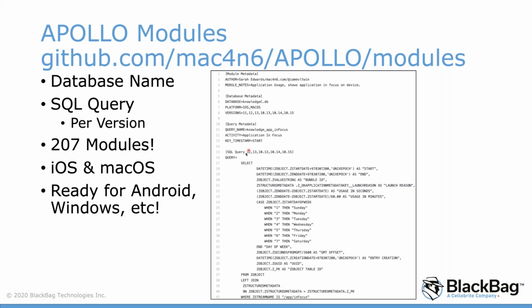So if you want to go in here and find the queries, look for the versioning information. Whenever you see things like 12, 13, and even older, that's for iOS. The macOS one is going to be 10.13, 10.14, and 10.15. I try to go backwards compatible about 3 versions or so. But you will find that different queries will run on different platforms as well as different versions of the database.